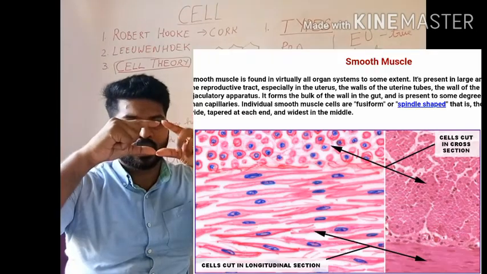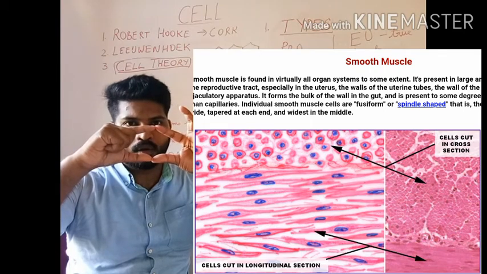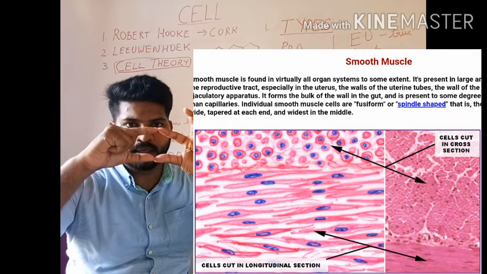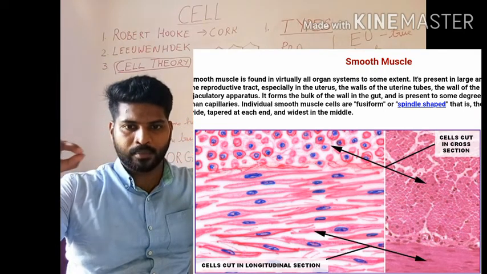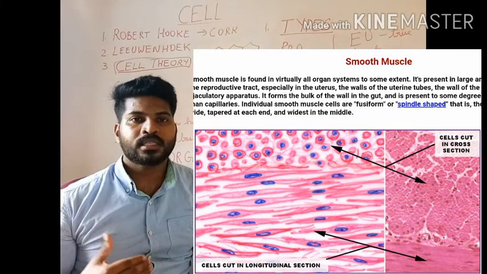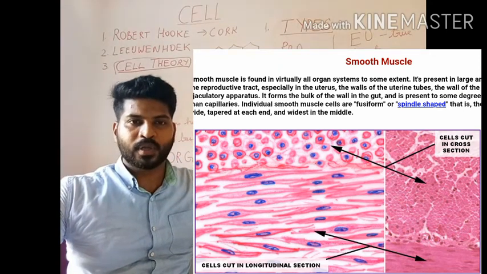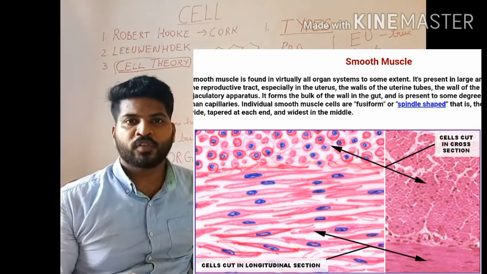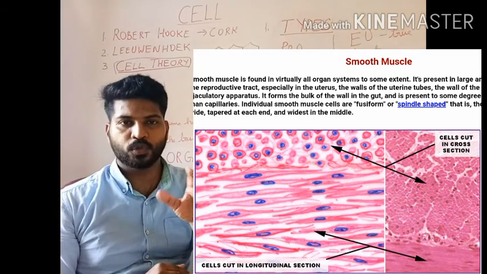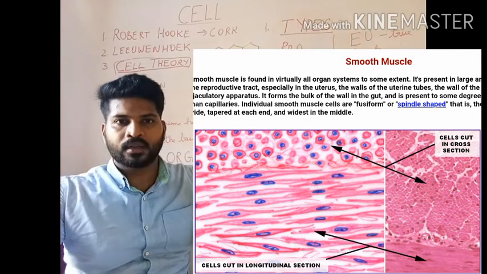Take another cell, the muscle cell in the human body. Muscle cells are like a rubber band. They are almost bulged in the center, but when they come to the edges, they become narrow. So we call it a spindle shaped cell. Now this is because the main function of muscles is to contract and relax.